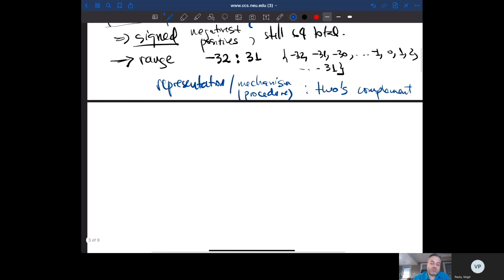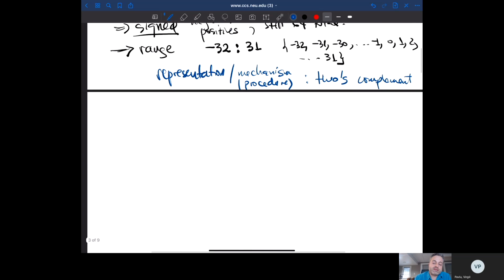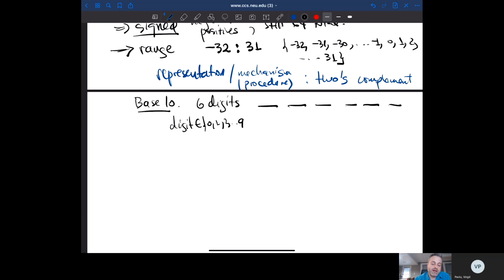So now to expand this idea to base 10, say I have the same 6 digits. Here they are: 1, 2, 3, 4, 5, 6. Now in base 10, the digits are 0, 1, 2, up to 9. So this is 9 possibilities.